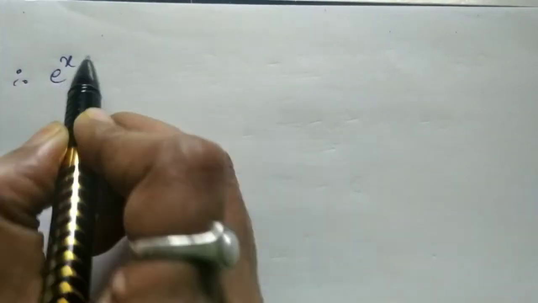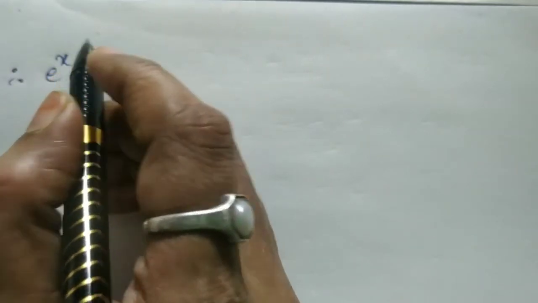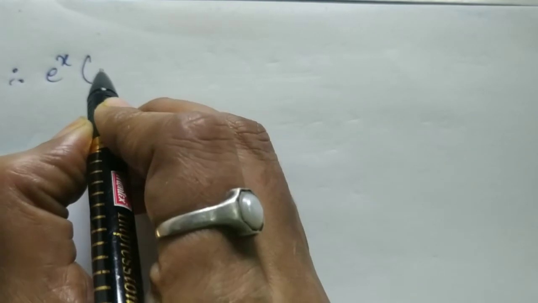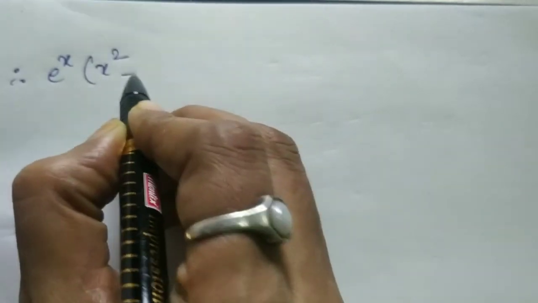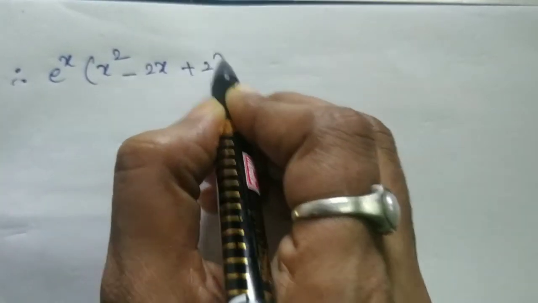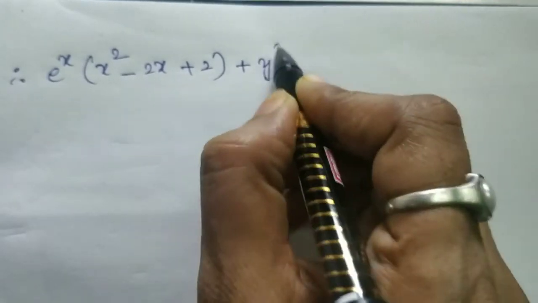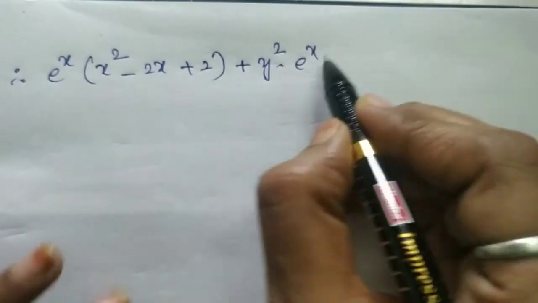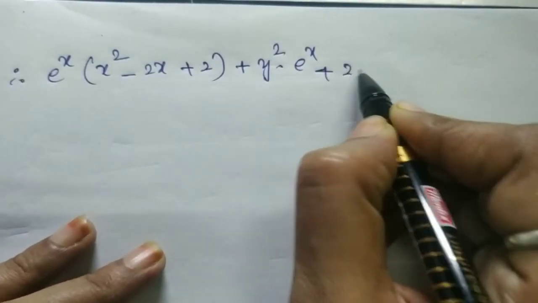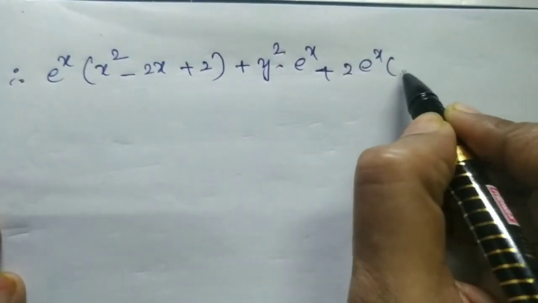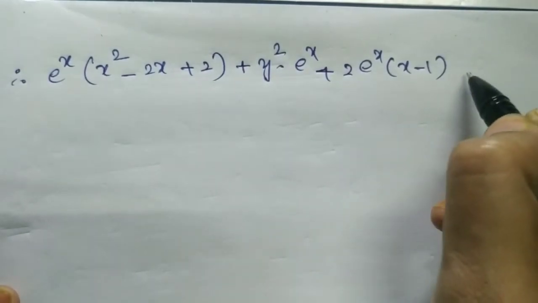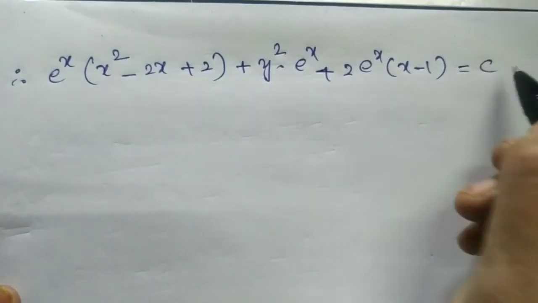So therefore integration of first term is e power x into x square minus 2x plus 2, plus y square into integration of e power x is e power x, plus 2 e power x into next term x minus 1 equal to c.